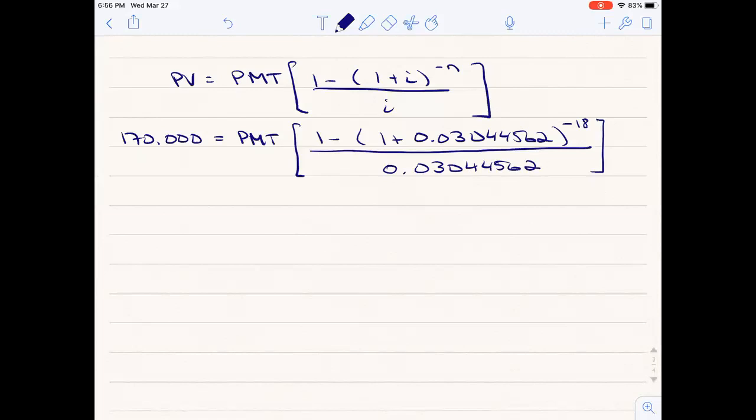So plus 1 to the power of negative 18, 1 minus that, divided by recall 1. I have 170,000 is the payment amount times 13.70183957.